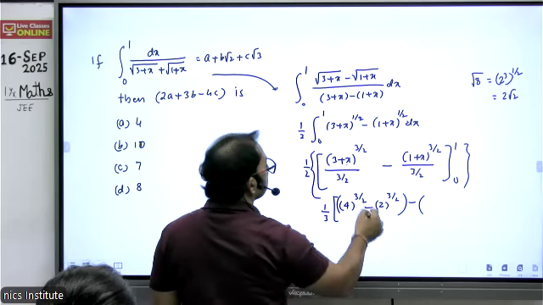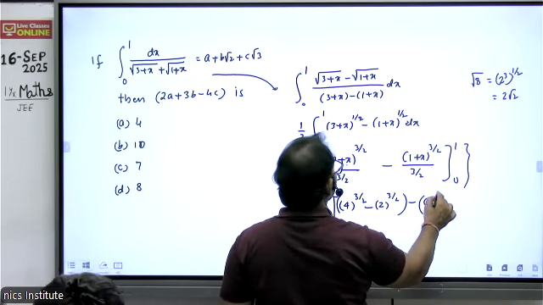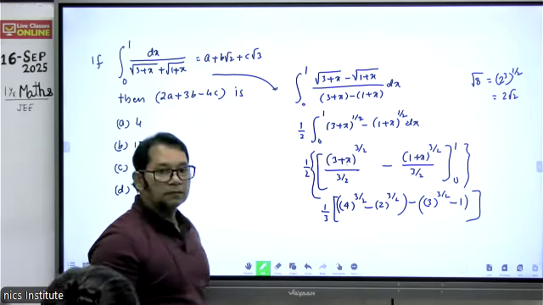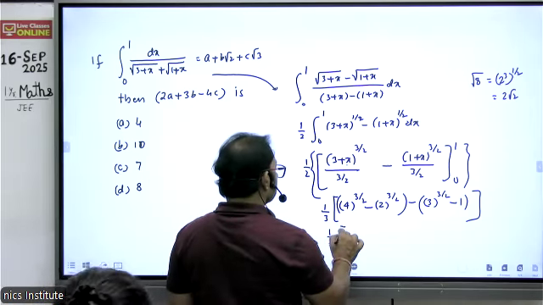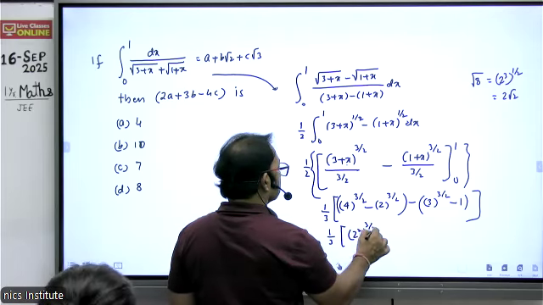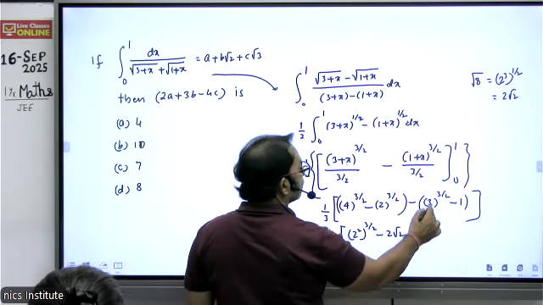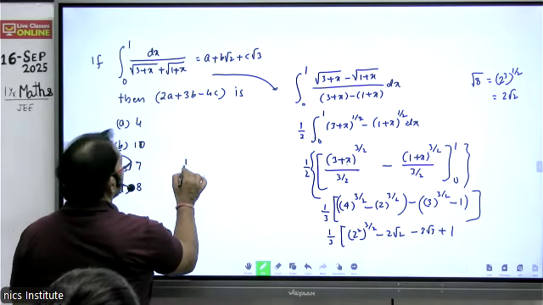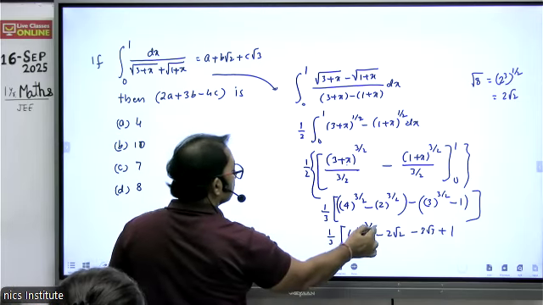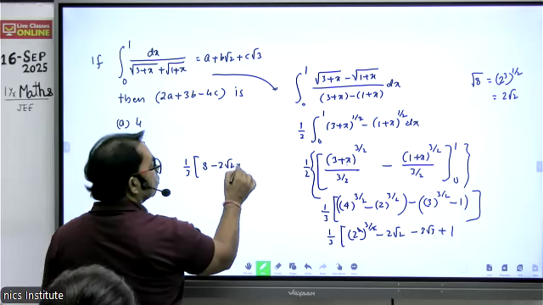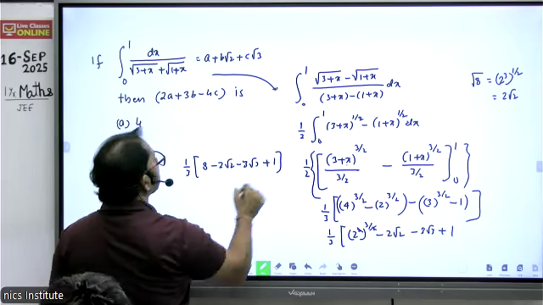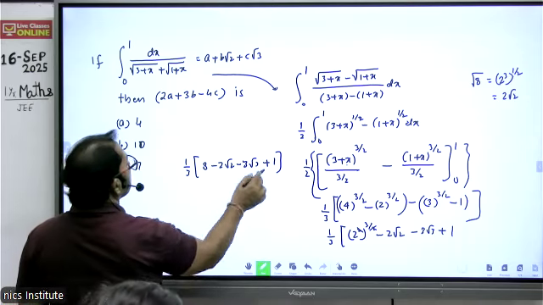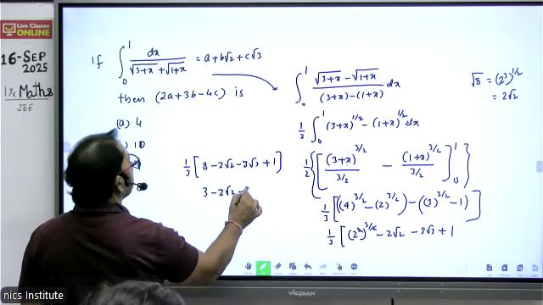Minus, when you put the lower limit, this is 3 raised to the power 3/2, and when you put 0 it will be 1. 4 you can write as 2 squared, so this is 8 minus 2√2 minus 3√3 plus 1, which gives 1/3 times (9 minus 2√2 minus 3√3).